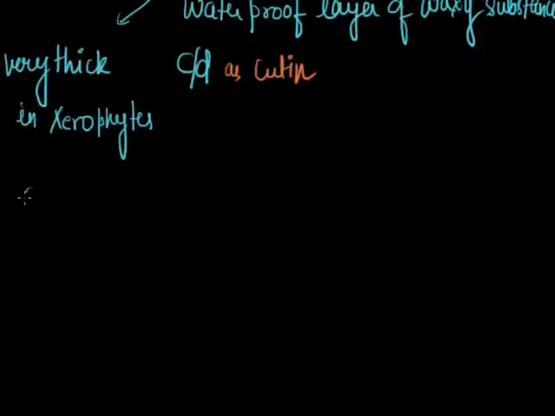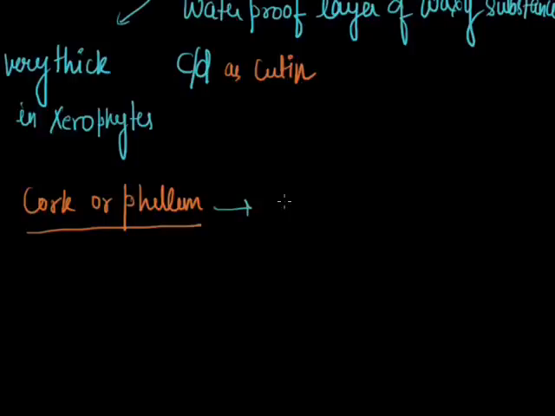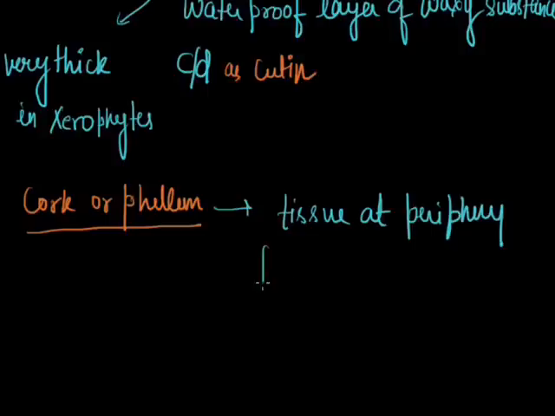If we talk about cork cells, this is also called phellem. The tissue at the periphery becomes cork cells.